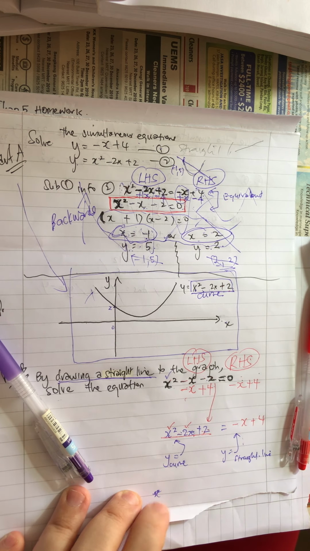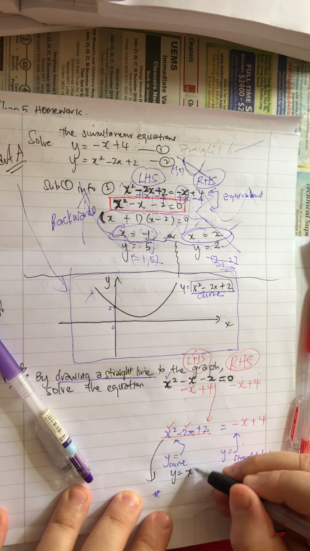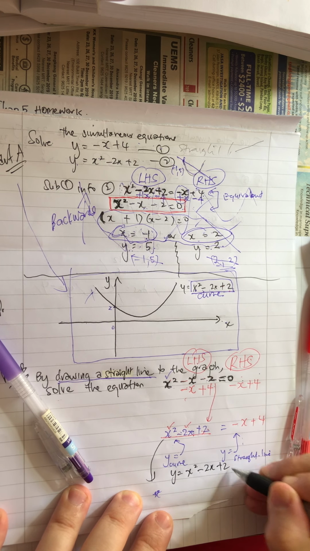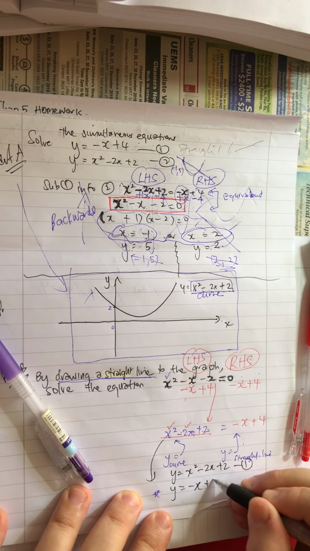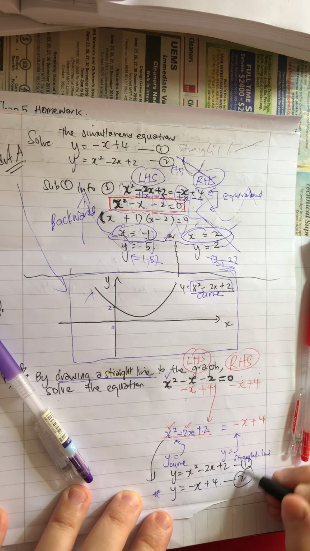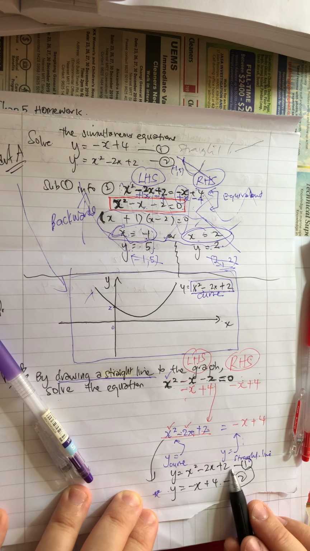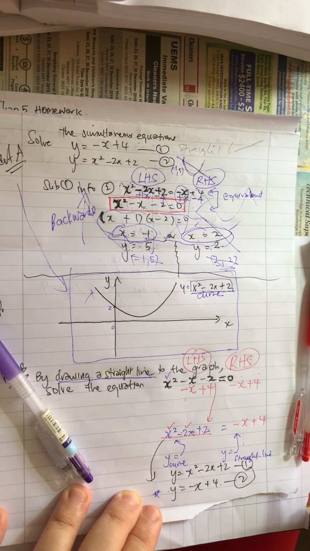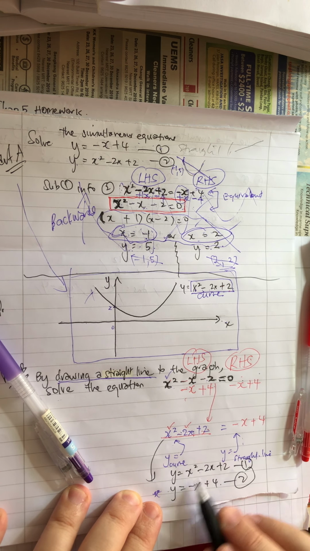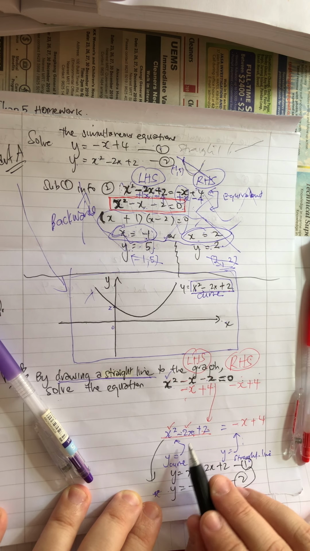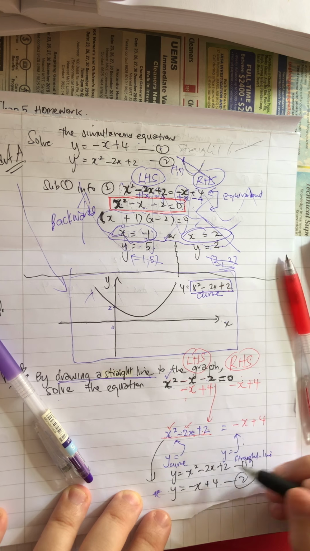Originally this is a line, and these two, originally they actually asked us to solve simultaneously using the graphical method. It's just that after we substitute this into this and do some manipulation, it became this.